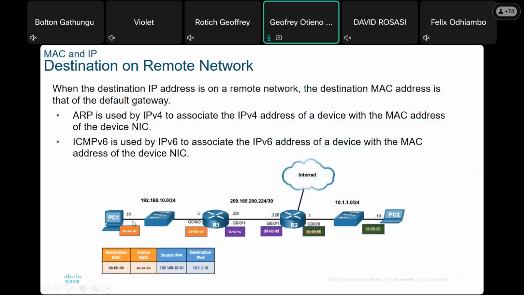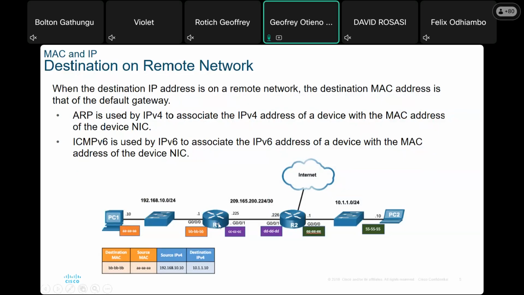So PC1, and you see, even though you are moving to PC2, you cannot skip R1. So your destination will be the router, here on a different network.